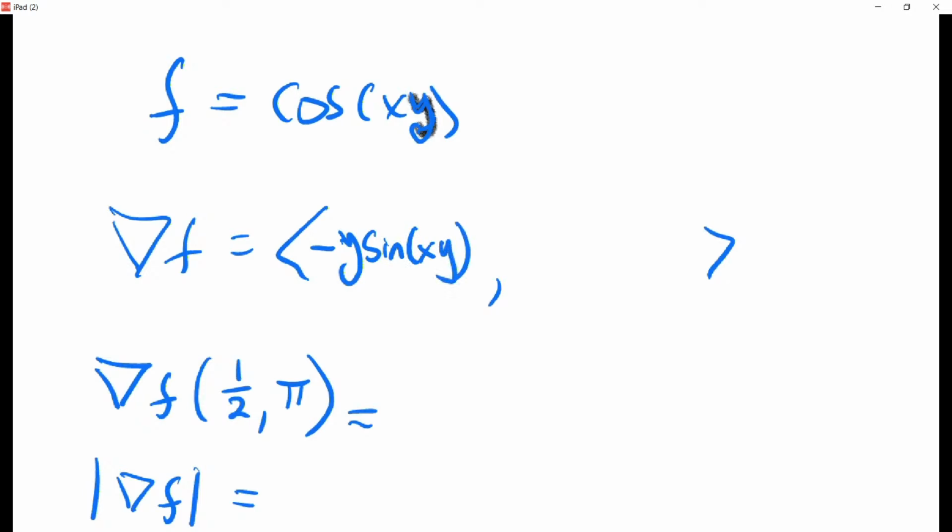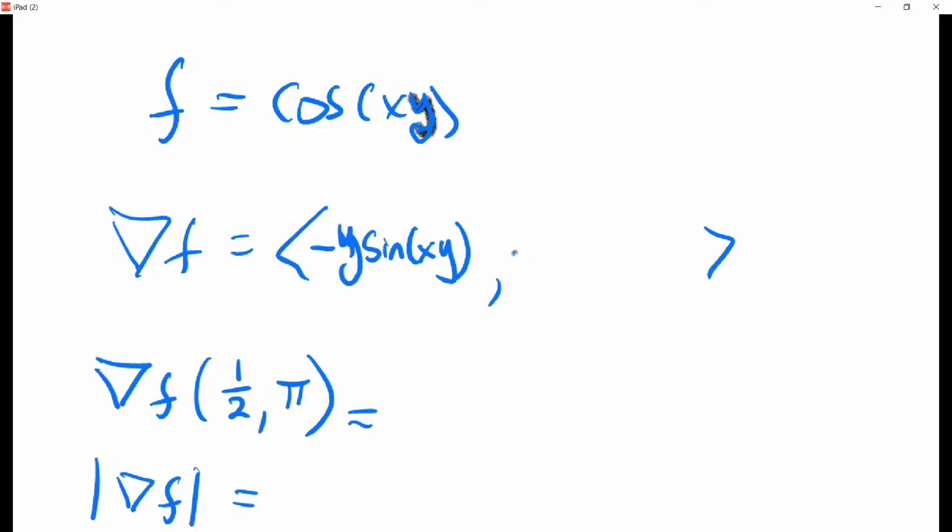If you're befuddled by that answer, just note that when you do the derivative you're using the chain rule, so do the derivative of cosine first. The derivative of cosine is negative sine, then multiply by the derivative of xy with respect to x, which is just y. Nice work. Can you do the derivative in the y direction?